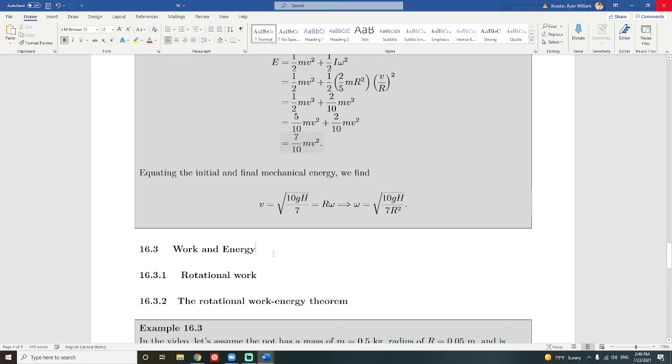Okay, so we need to talk a little bit about work and energy in the rotational case, right? And I want to do another very general example here.